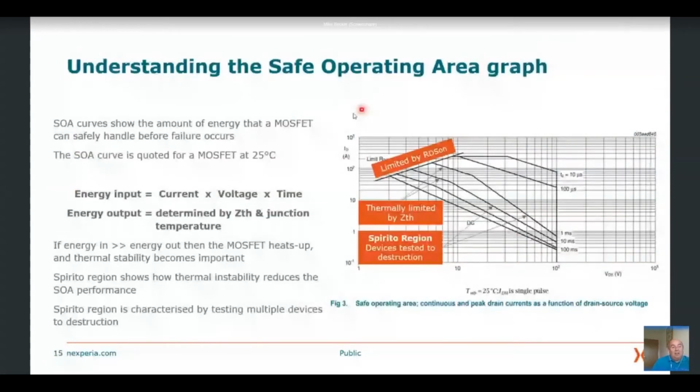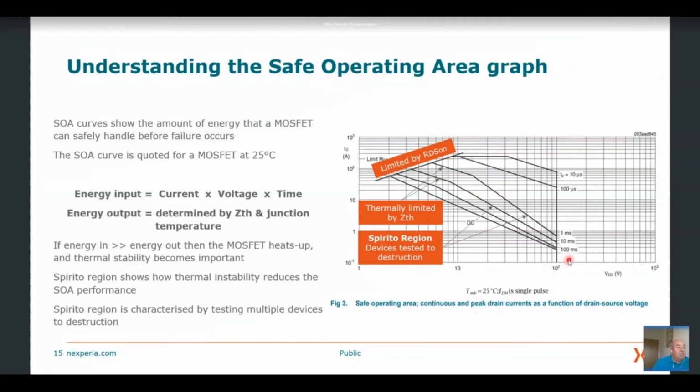Manufacturers of MOSFETs characterize this on the data sheet, and on the data sheet you should be looking for a safe operating area graph similar to this. So let's explain what the SOA curve is about. There are three areas of the SOA curve. You can see on the x-axis we've got the voltage.